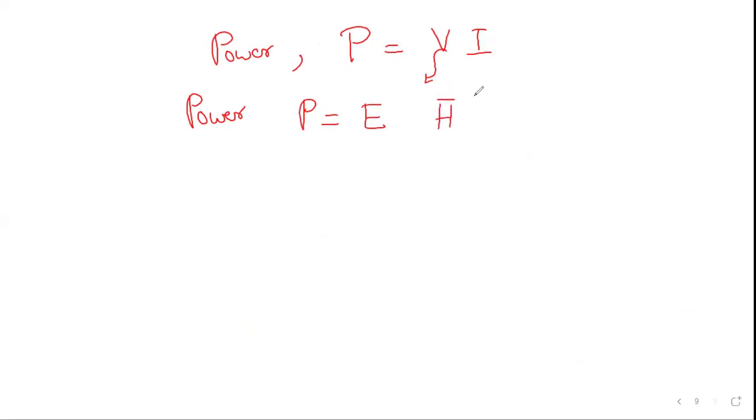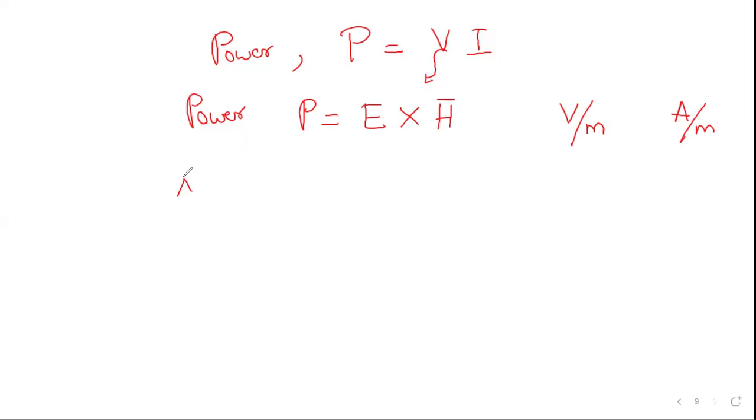Does everybody agree with this? E will have volt per meter and H will have ampere per meter. And they curl over each other.